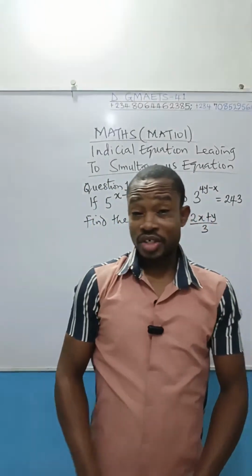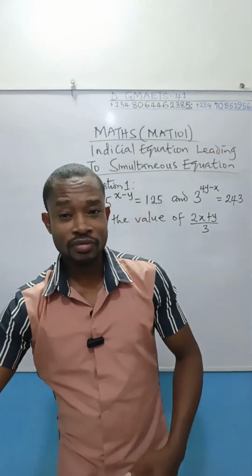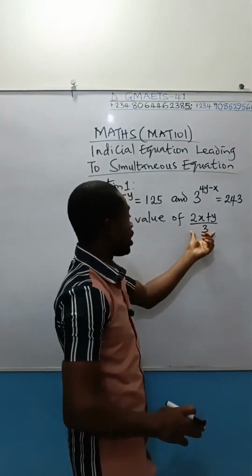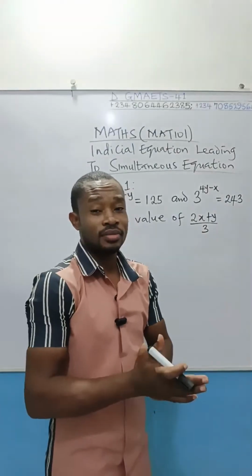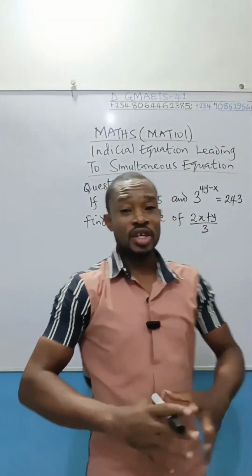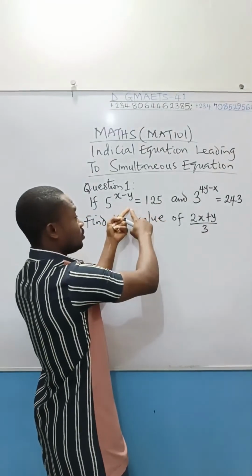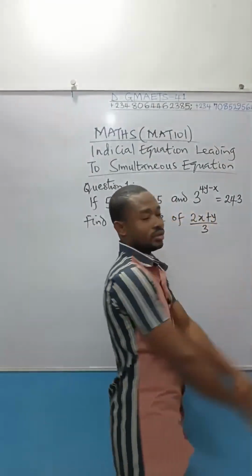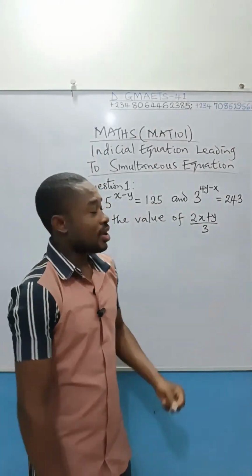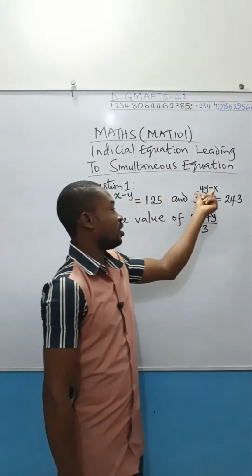So we have this question on the board. We are asked to find the value of 2x plus y over 3. Now observe that in this question, these are two separate equations. This is one of them, and this is the other one. And we have two unknowns in the equations.